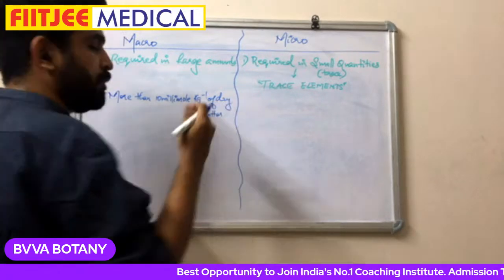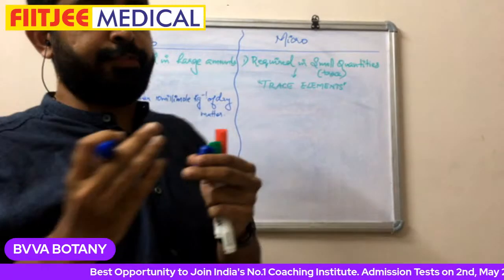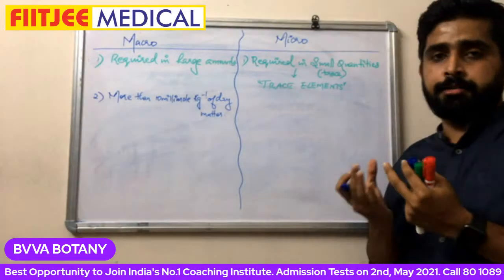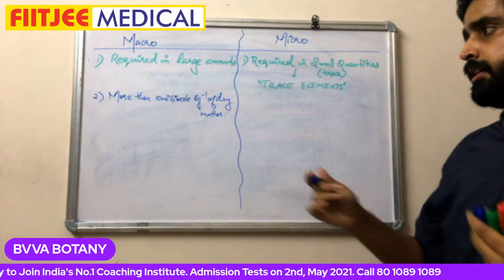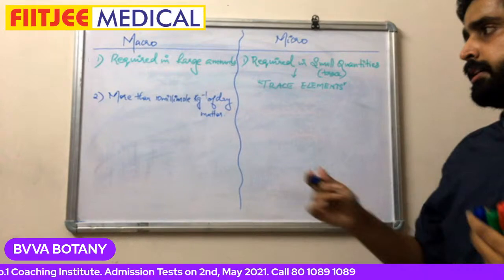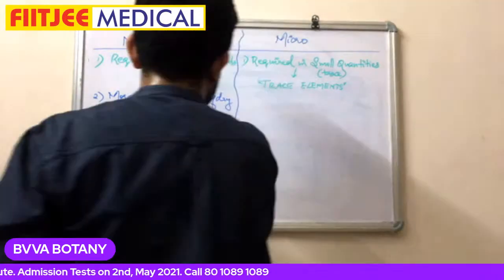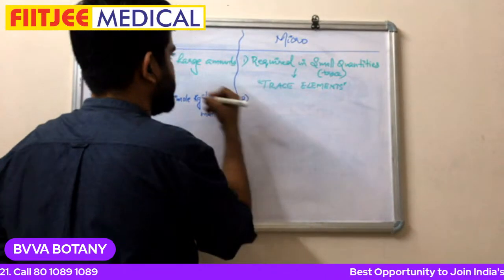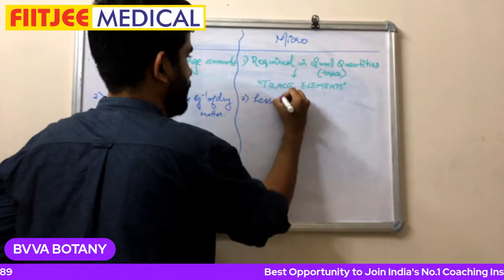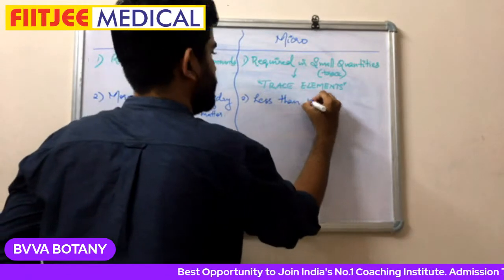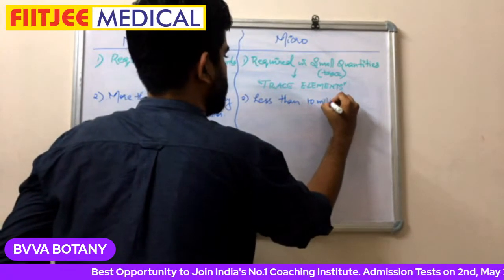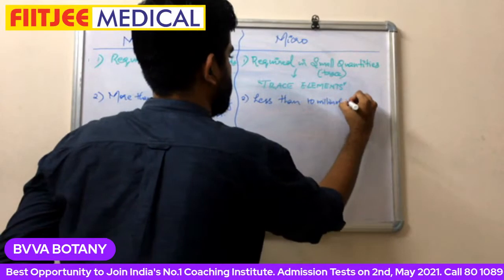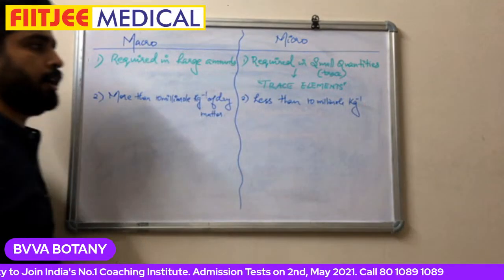What does it mean? If you take 1 kilogram of dry matter, the amount will be more than 10 millimole in that. Next one, just the opposite: less than 10 millimole per kilogram of dry matter.